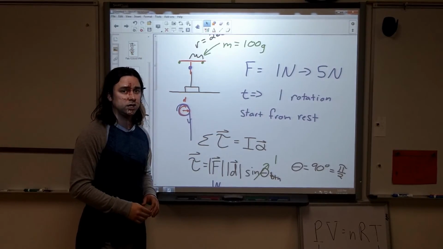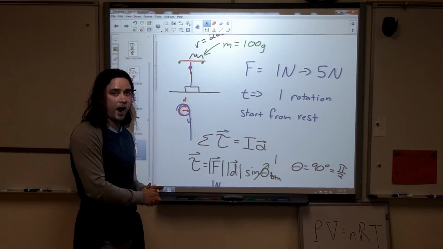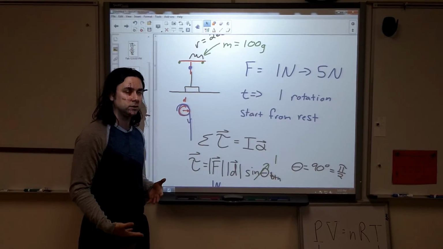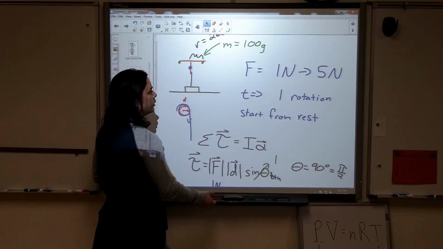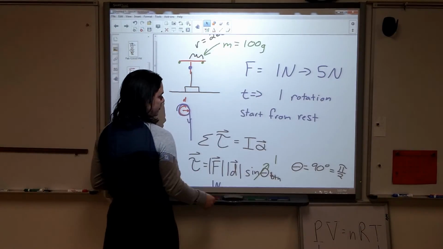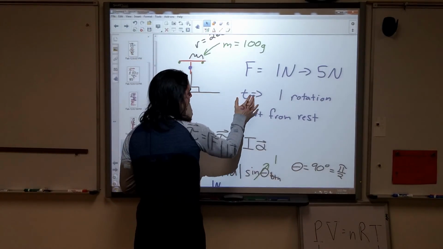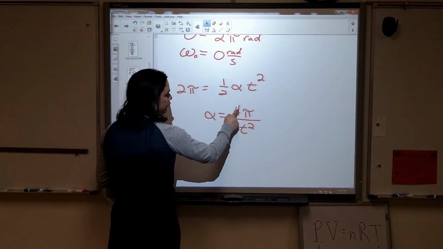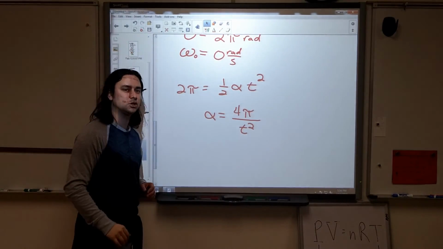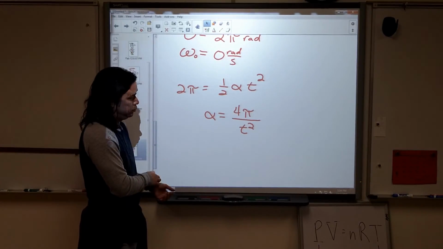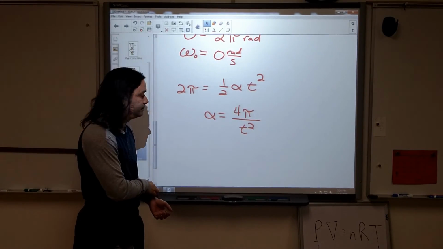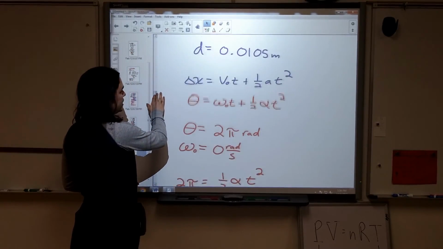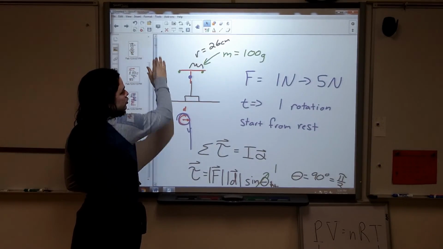What we're trying to do is get you set up where you can make a graph that lets you draw conclusions and gives you measurements about things in the real world. So we're not going to take force by itself, we're going to take force times the lever arm, and the other axis is actually going to be 4 pi divided by t squared. Anyway, this is setting up the equations that I'm about to show you how to put into Excel.